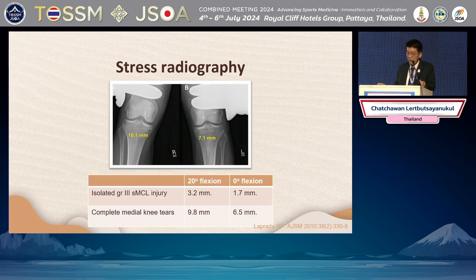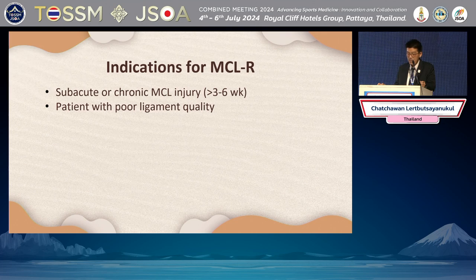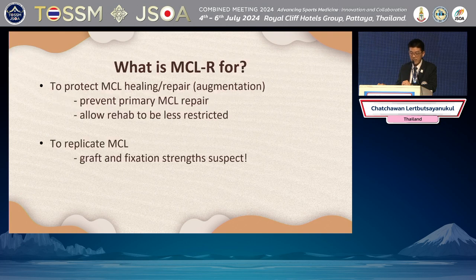Moreover, valgus stress radiographs are a reliable, accessible, and quantifiable method for evaluating medial compartment gapping. MCL reconstruction is indicated in cases of subacute or chronic MCL injury, typically when the injury is more than 3 to 6 weeks old or when the patient presents with poor MCL tissue quality.